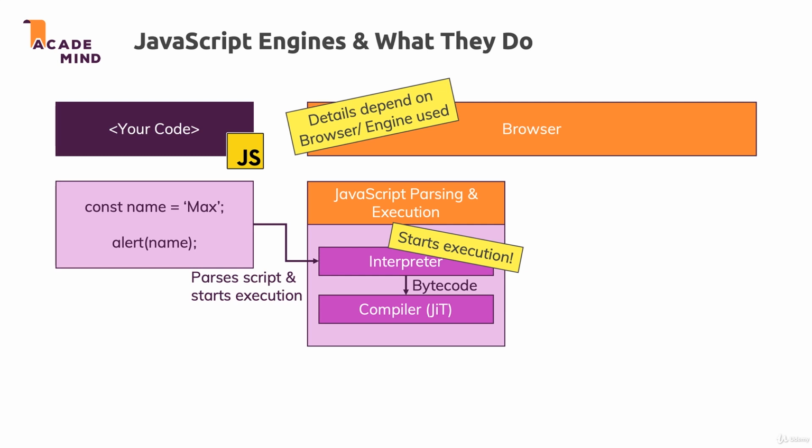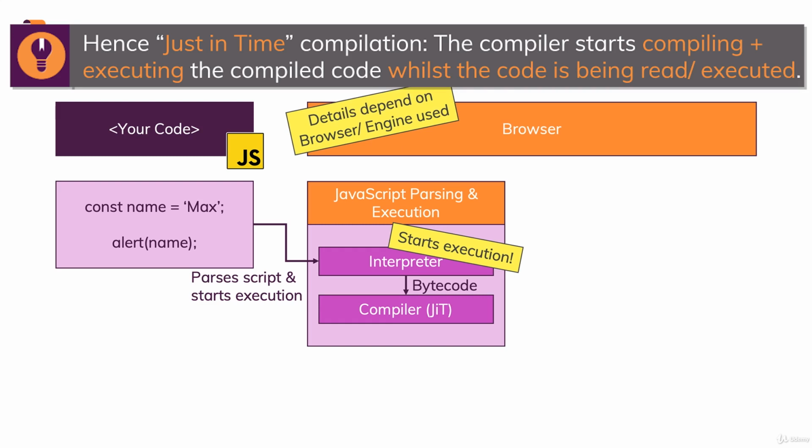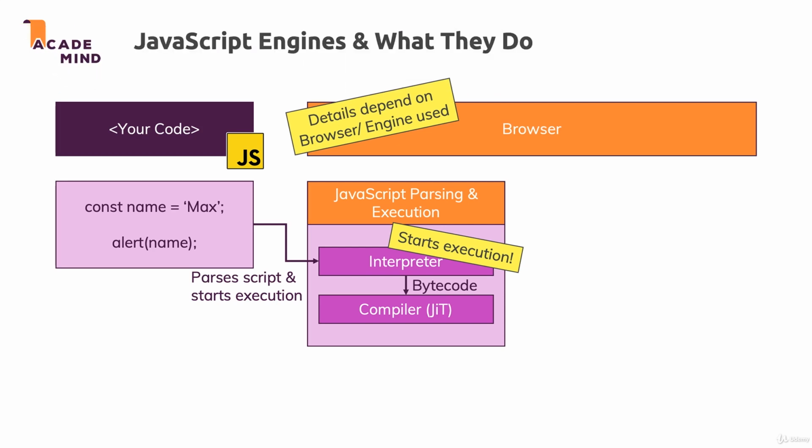It doesn't really matter. So the compiler, whilst the interpreter already started execution of your script, now compiles the script to machine code. Now, needless to say that for very short scripts, the interpreter might already be done, but even then, this compilation step happens. So this happens side by side with the interpreter executing your script.